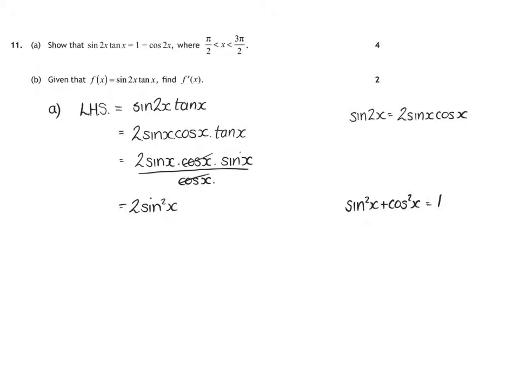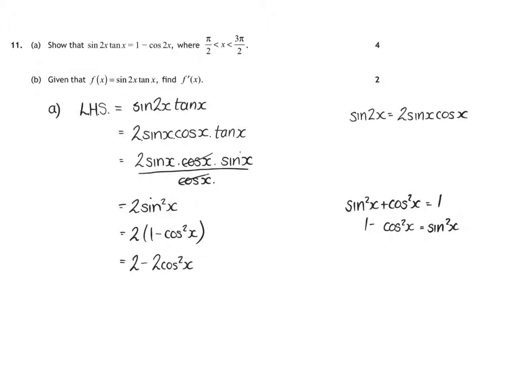So we can say that 1 minus cos squared x is equal to sine squared x. Right, so we're going to get 2 times (1 minus cos squared x). So we have 2 minus 2 cos squared x.